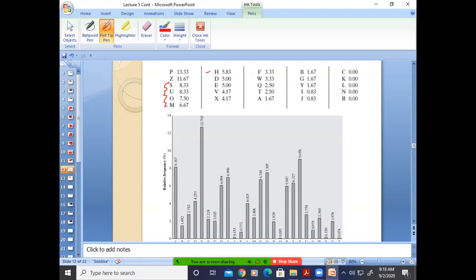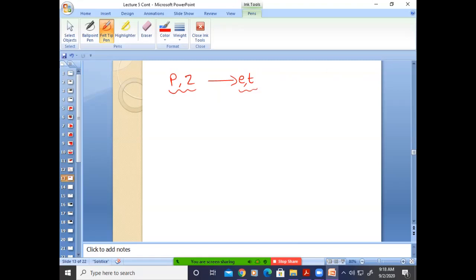We have to compare with that, and I'm writing: if there is S, U, O, M, H in the ciphertext, they are related to this one, A, H, I, N, O, R, S.